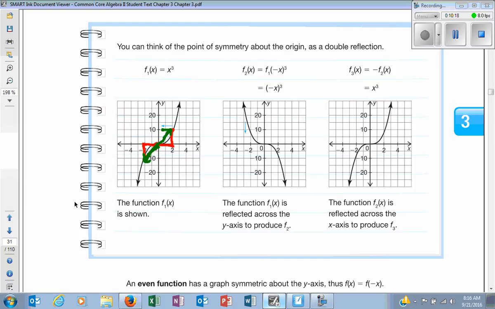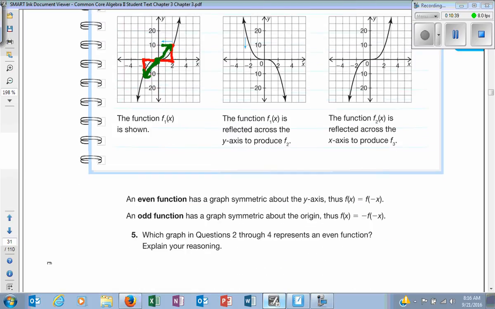A 180-degree turn would be opposite, yes? So do you see how this is now symmetric about a point and not about a line? Do you understand what I just did there? Yes? Okay, so that's what's going to happen when something is symmetrical about a point.